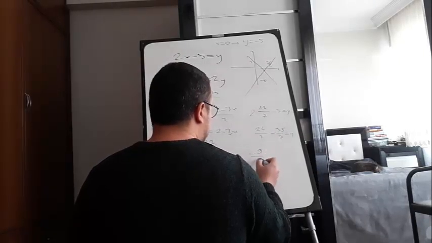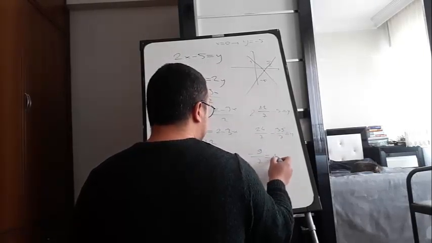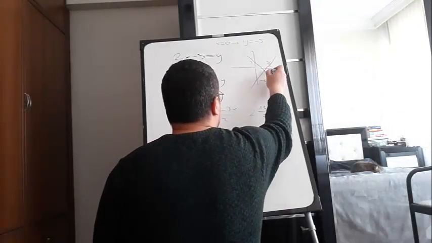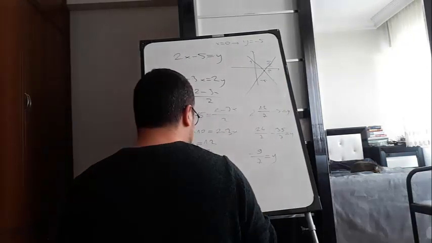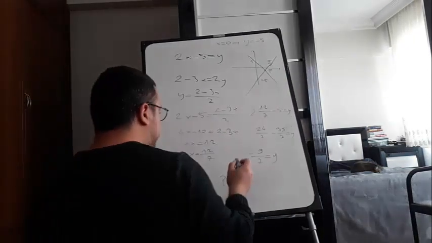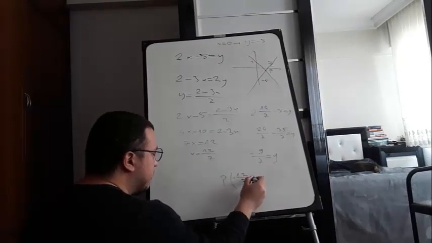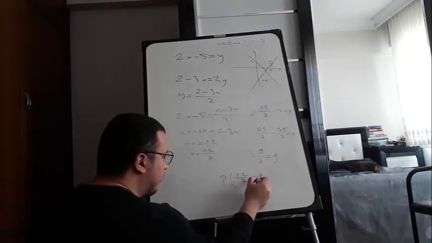Minus 9 over 7 equals y. If we call this point P, it is 12 over 7 and minus 9 over 7.